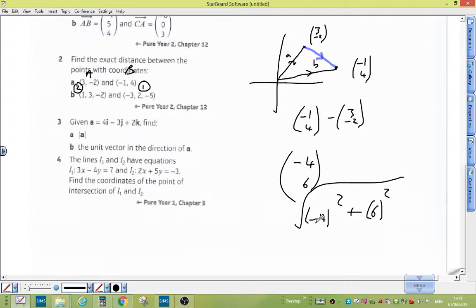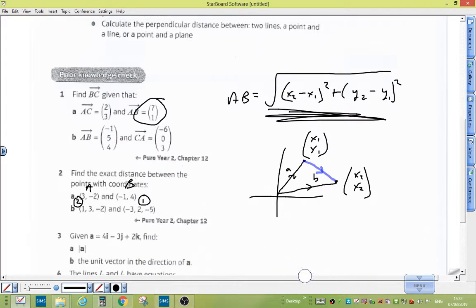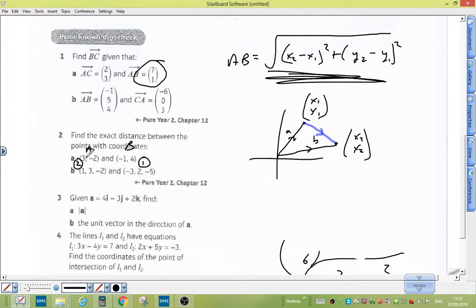You ready? To show you that you get exactly the same rule. What shall I call this, do you think? To generalize it to get this exact rule: x1, y1. Okay? This will be x2, y2.